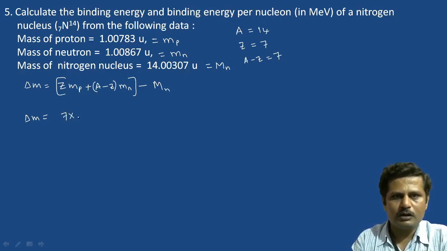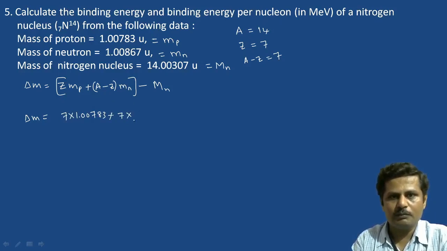Mass of the proton is here 1.00783, plus A minus Z, which is also 7, that is the number of neutrons, times the mass of the neutron, 1.00867, minus the actual mass of the nucleus. Actual mass of the nucleus is 14.00307.